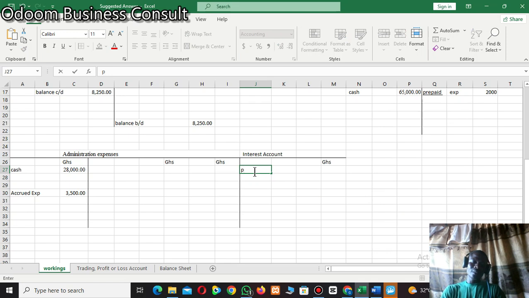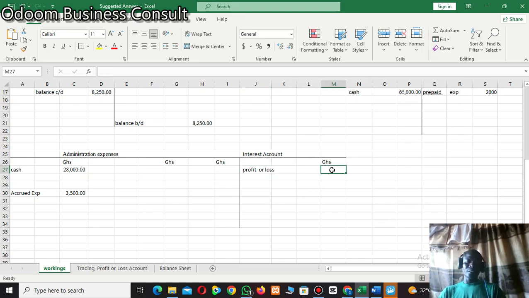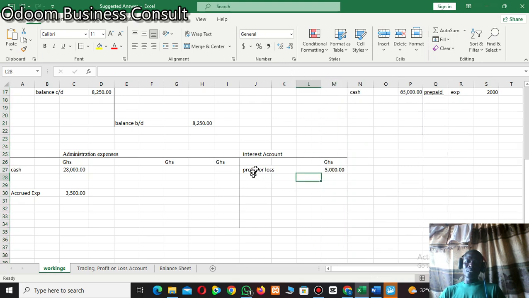So let me write profit or loss account, and the amount is how much? 5,000 cedis. So at the end of the year you have to take it from here.